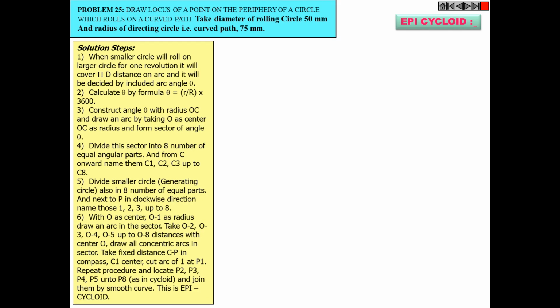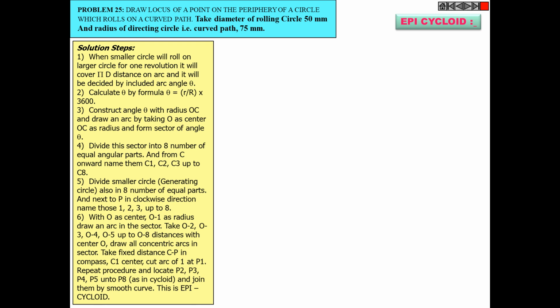Okay. So the very first step is, see, in the given problem, it will not be given to you directly to draw an epicycloid. The question will be in this manner: draw the locus of a point on the periphery of a circle which is rolling outside the directing circle.